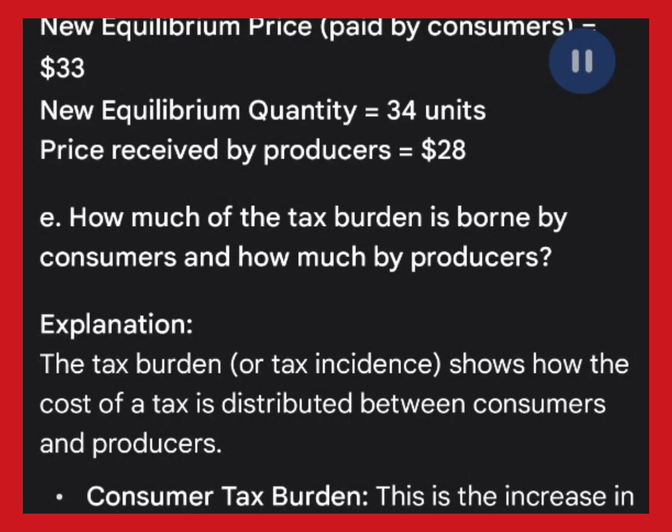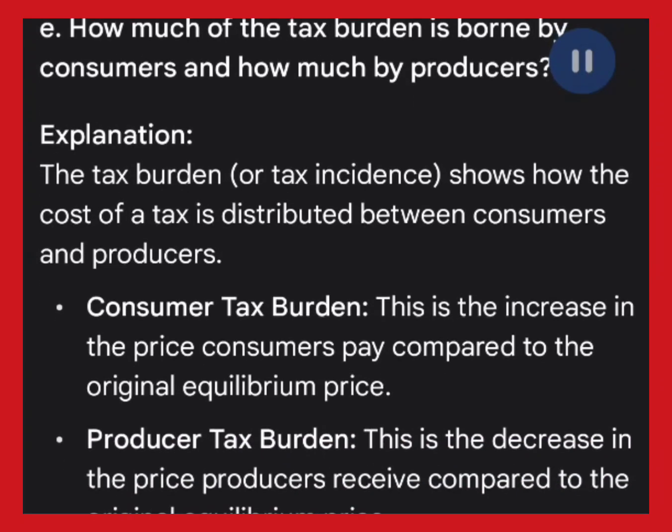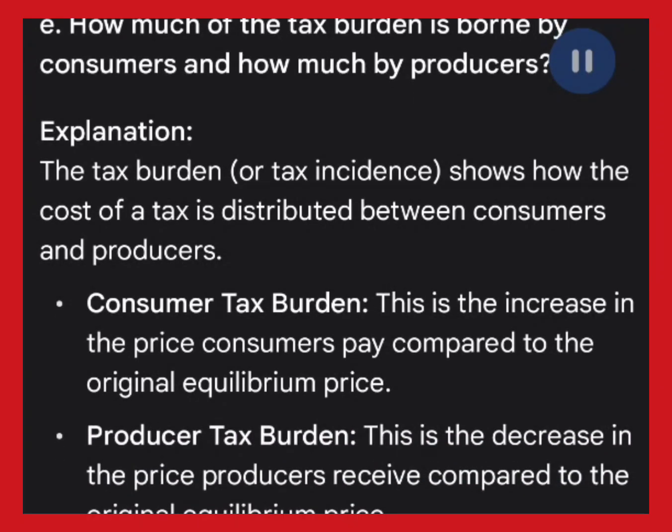E. How much of the tax burden is borne by consumers and how much by producers? Explanation. The tax burden, or tax incidence, shows how the cost of a tax is distributed between consumers and producers. Consumer tax burden: this is the increase in the price consumers pay compared to the original equilibrium price.